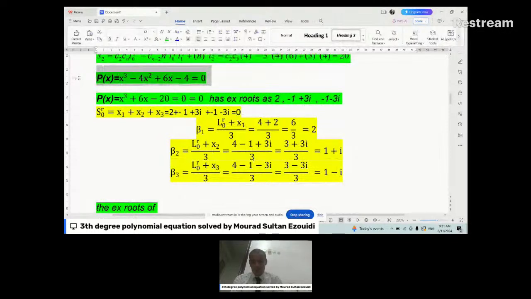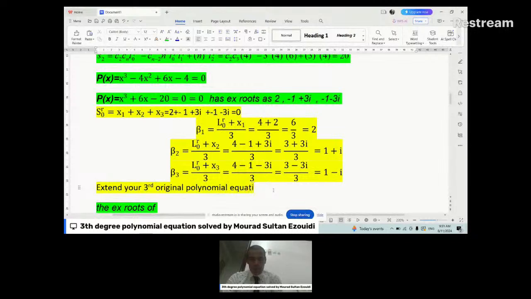Now extend your third original polynomial equation. It can be written as that.